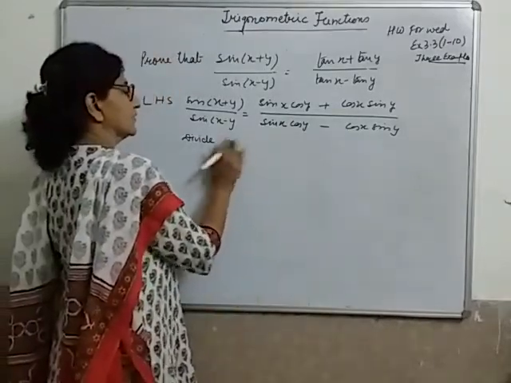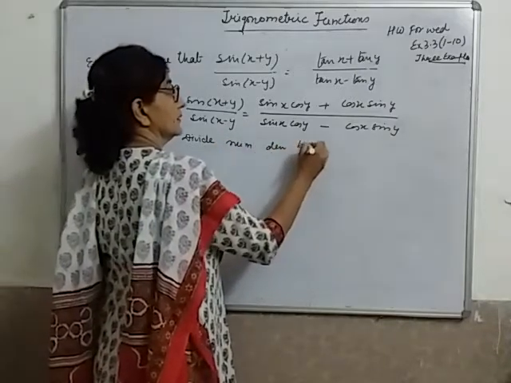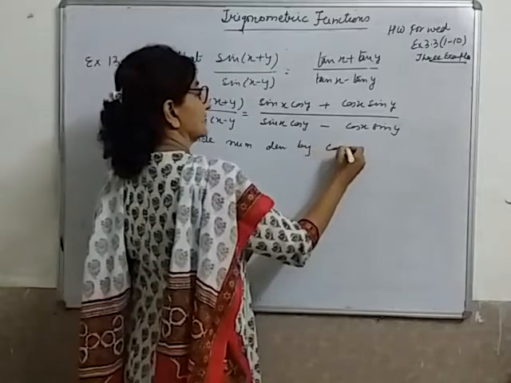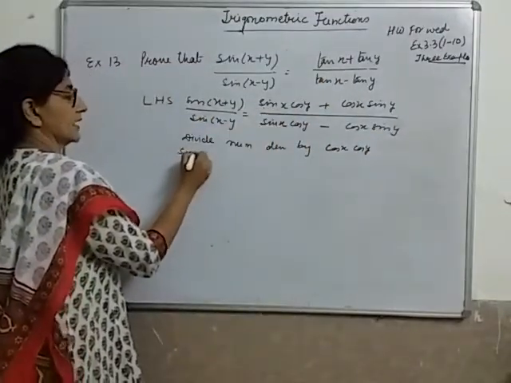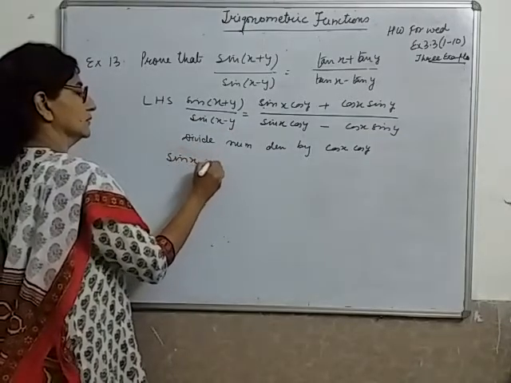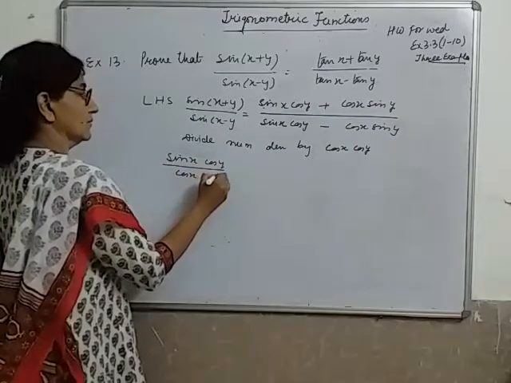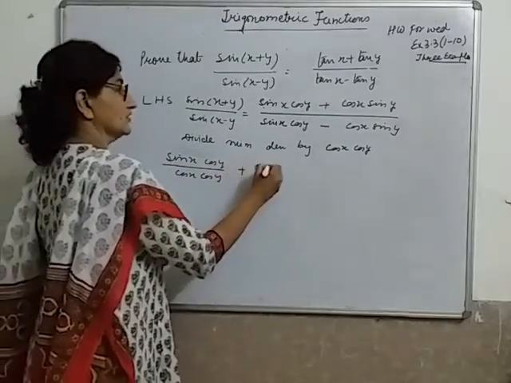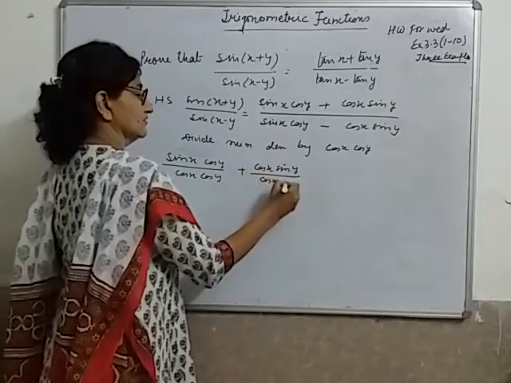Divide numerator and denominator by cos x cos y. Let's see what happens when I divide this. Sin x cos y divided by cos x cos y plus cos x sin y divided by cos x cos y.